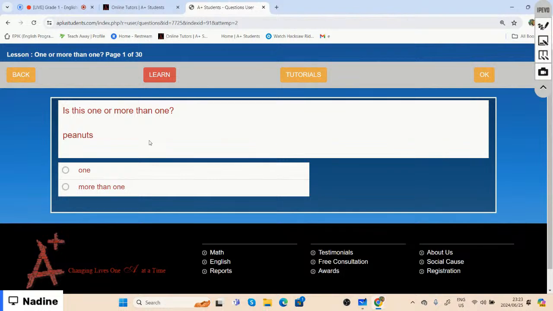Peanuts. Are we saying it's one peanut or more than one? So peanuts, is that one peanut only that we're referring to or more than one peanut? So is it option one or option two?